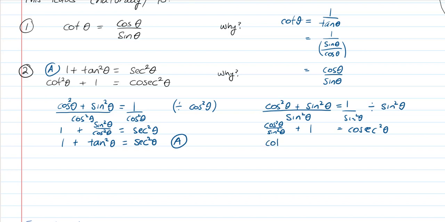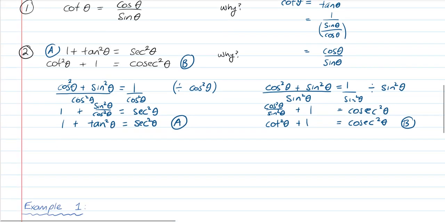And that gives us cot squared theta plus 1 equals cosec squared theta. Okay, so there's our second identity, which I'm going to call B, just for reference purposes. So that's interesting where they come from, and really helpful to see that we've got those 8, and they're so easy to get that you don't even really need to memorize them. They're just so easy to build up.